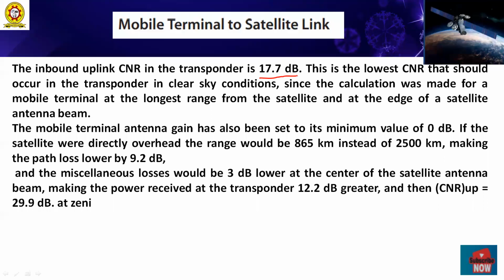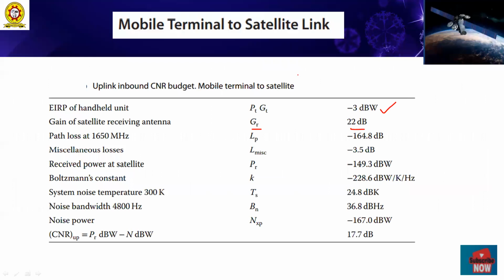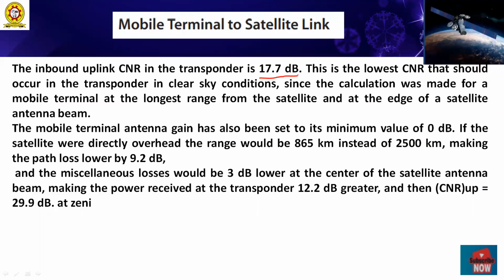This is the lowest value that should occur in the transponder. The calculations are done according to the main values we got in our budget sheet. This budget sheet has a loss of 3 dB, which is lowered at the center of the satellite antenna.